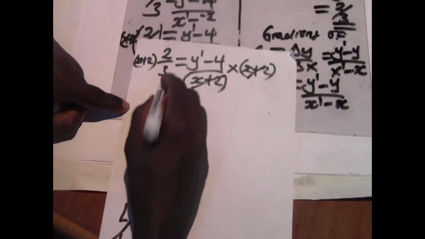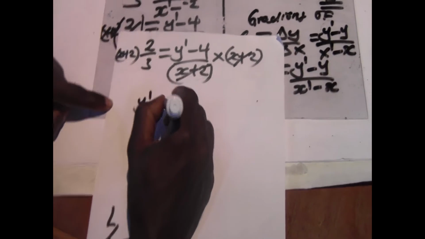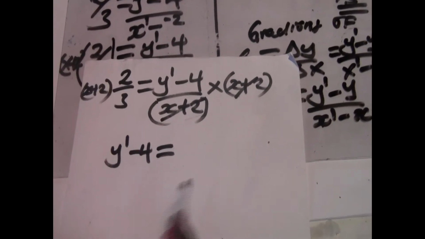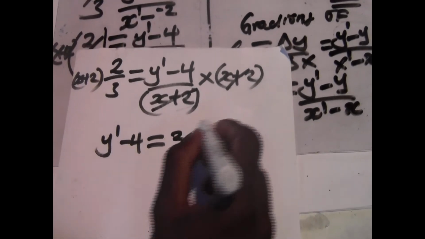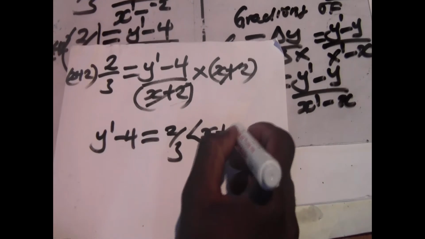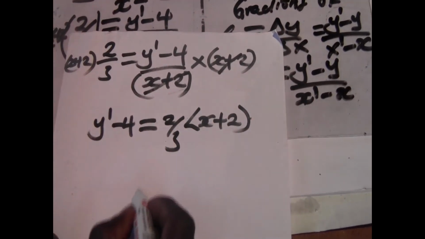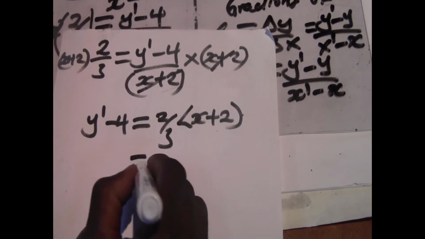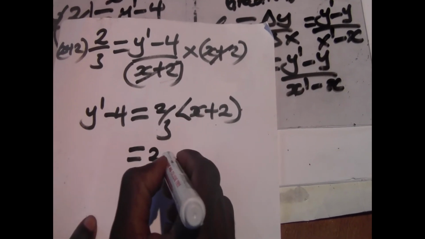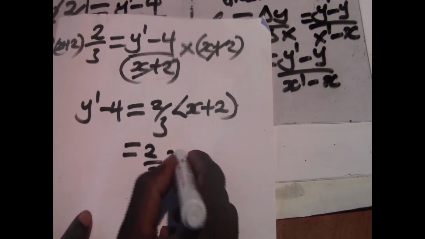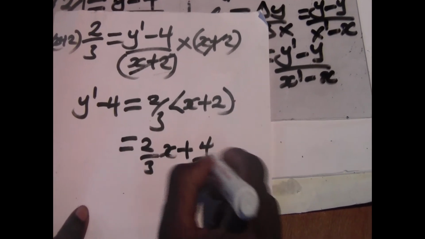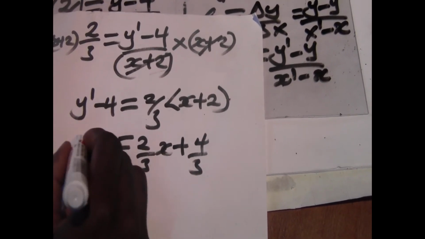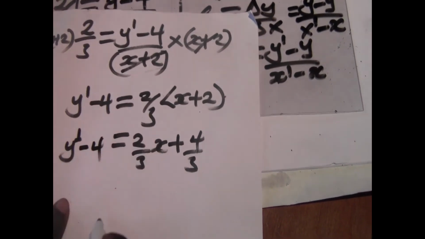So it will be y minus 4 is equals to 2 over 3 times x plus 2. So we can open the bracket here. It will be 2 over 3x plus 4 over 3. And then this one will be y minus 4.